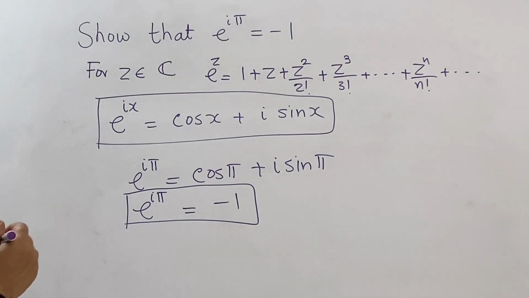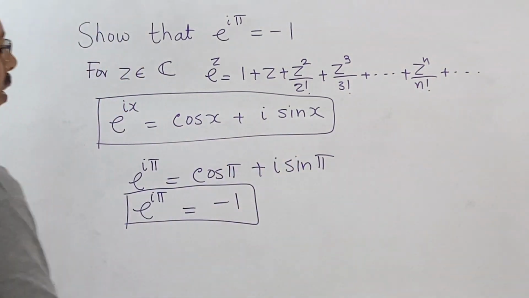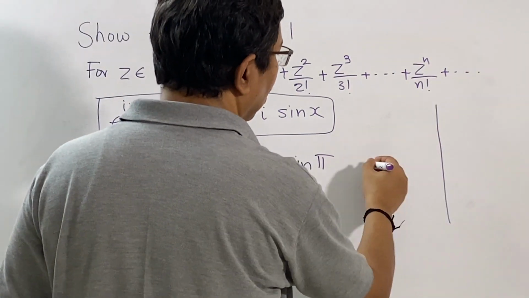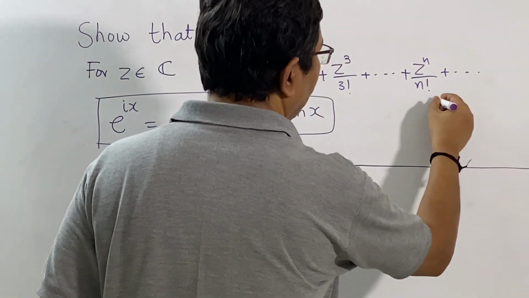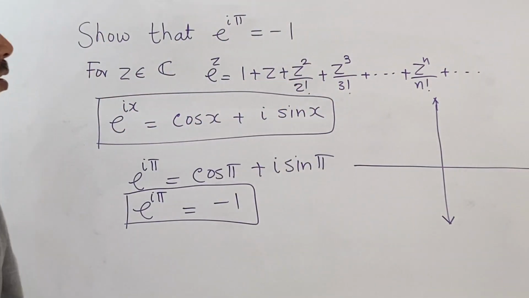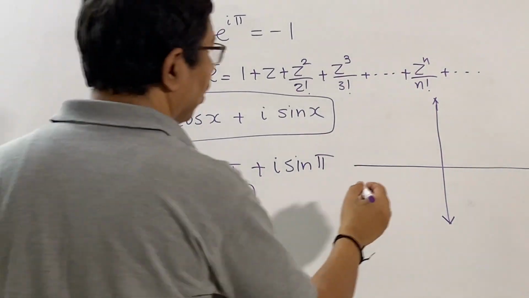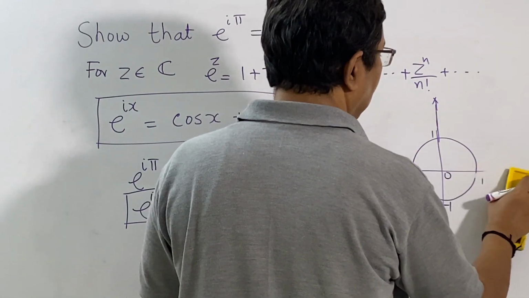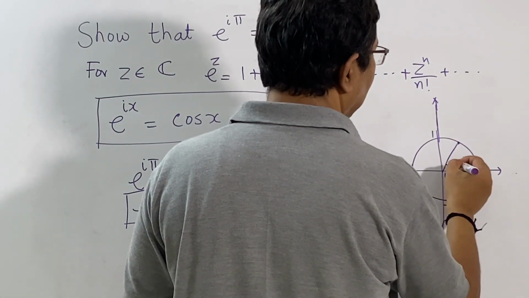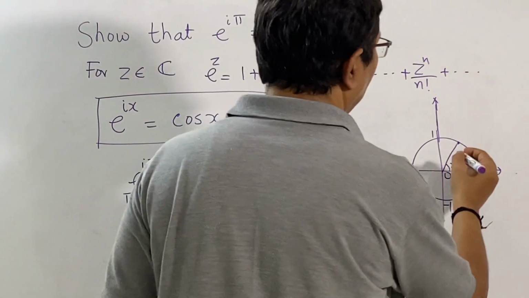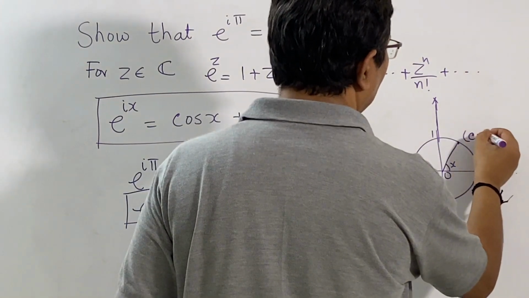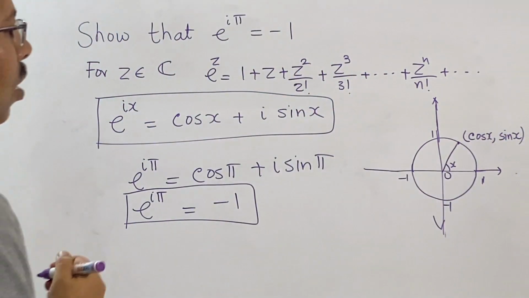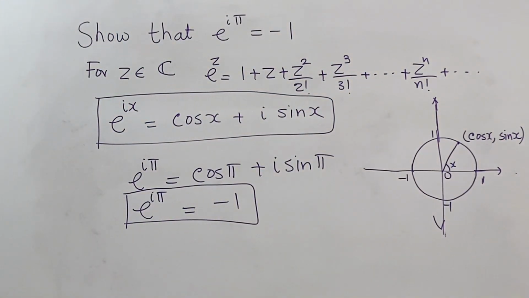Now, the expression e to the power i x is equal to cos x plus i sin x also tells us an important correspondence of these complex numbers with points on the unit circle. If you think of this as the circle, then if you look at this angle x, then from elementary trigonometry you can see that the coordinates of this point are cos x, sin x.